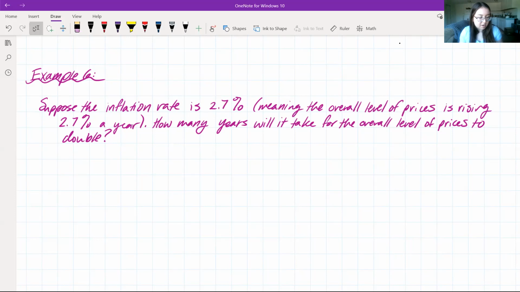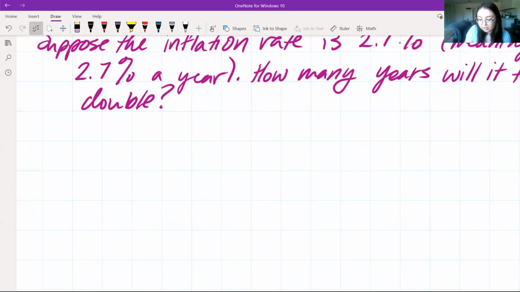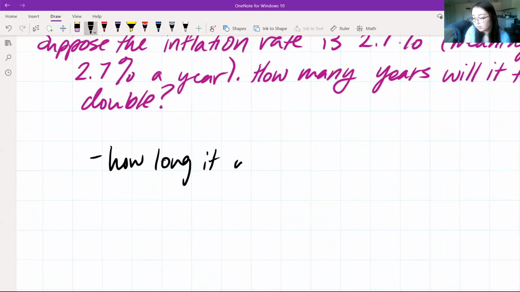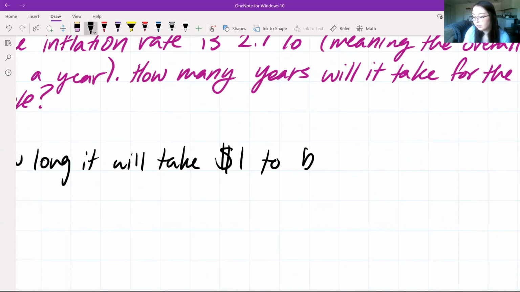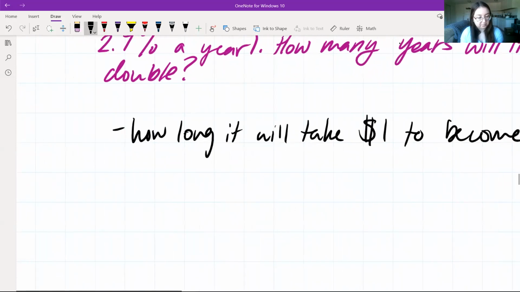So if we're thinking about how many years it will take for our inflation prices to double, all we really need to consider is how long it will take $1 to become $2. There's no need to make up any crazy values. You can just choose $1 and $2.